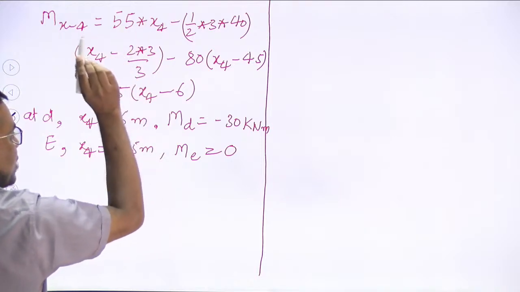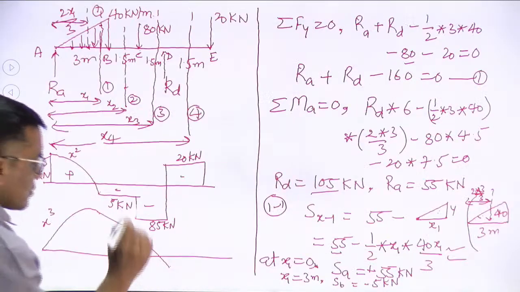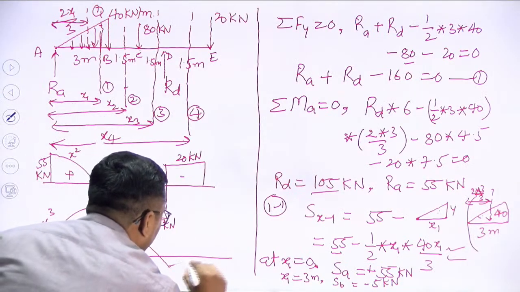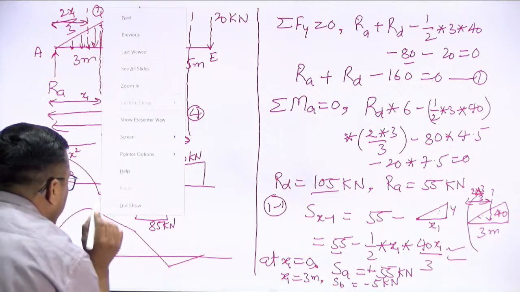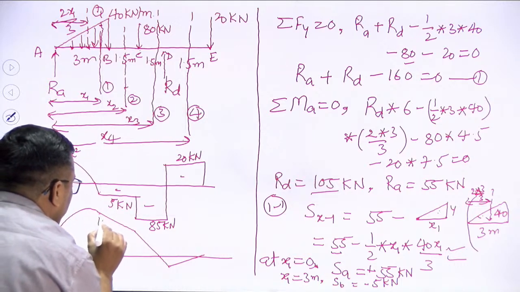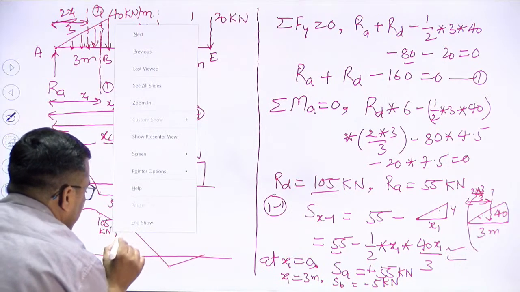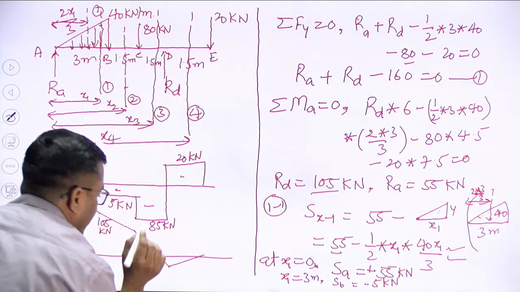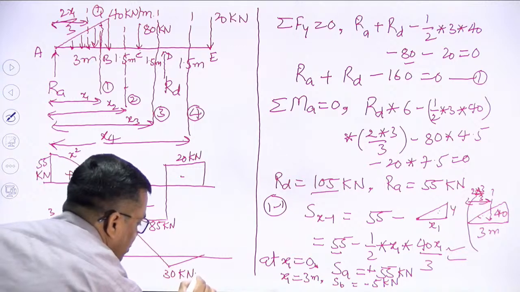Again inclined line equation, and at point E it is 0, at point D it is -30. Draw हो गया. This is 105 kilonewton meter. Sorry, this is 97.5 and this is 30. लिख नहीं रहा मैं, वहां पर बहुत स्पेस नहीं है.